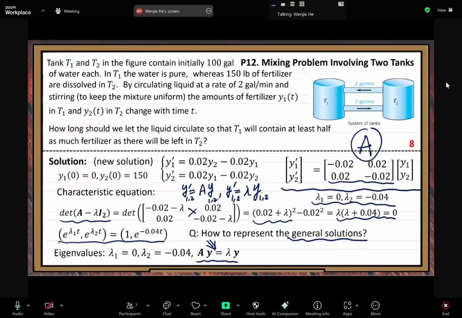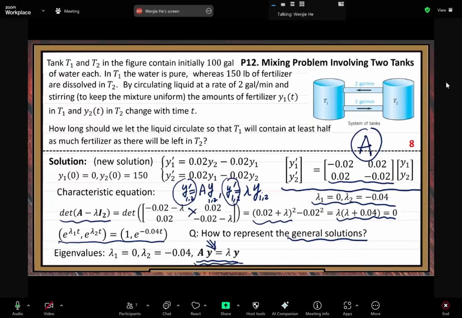So you have those two equations. Because of these two equations, we replace the y prime part, so we get this equation.